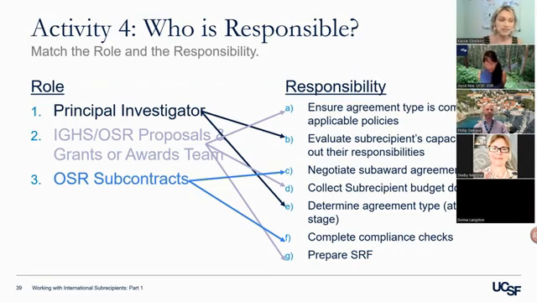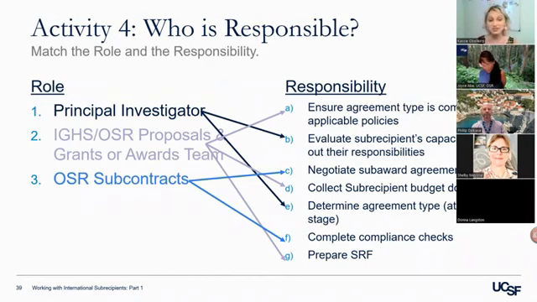Out of the things listed here, our OSR subcontracts team is responsible for negotiating the subaward agreement and completing the compliance checks. One thing I want to note is that I really want to pull out why we don't have the ensuring the agreement type is compliant with applicable policies. That's not the OSR subcontracts team's responsibility.